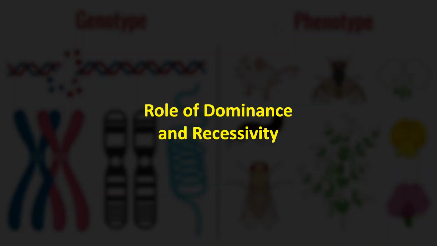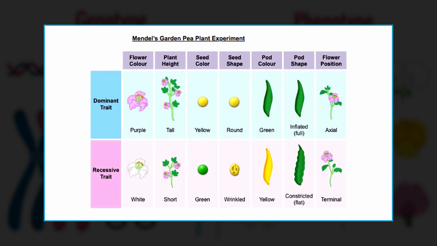Dear students, summarizing the role of dominance and recessivity. Mendel's early work with pea plants provided the foundational knowledge for genetics, but Mendel's simple example of 2 alleles, one dominant and one recessive for a given gene, is a rarity now. In fact, dominance and recessiveness are not actually allelic properties.